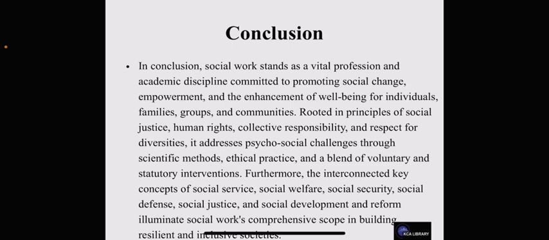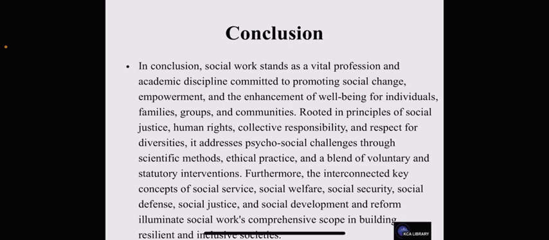Now, in conclusion, social work stands as a vital profession and academic discipline that is committed to promoting social change, empowerment, and the enhancement of well-being for individuals, families, groups, and communities. Rooted in principles of social justice, human rights, collective responsibility, and respect for diversities, social work addresses psychosocial challenges, as we have stated in this module, through scientific methods, ethical practice, and a blend of voluntary and statutory interventions.